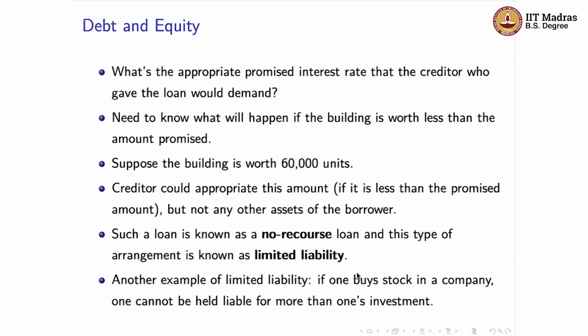You cannot be held responsible for the failure of the company by being asked to pay in addition to what you have put in the stock. That is one of the reasons why people started investing in these sorts of companies as opposed to buying partnerships, where you would be held liable for more than the amount of money you have put in. And this is one of the reasons why corporations became an important part of the modern economy.